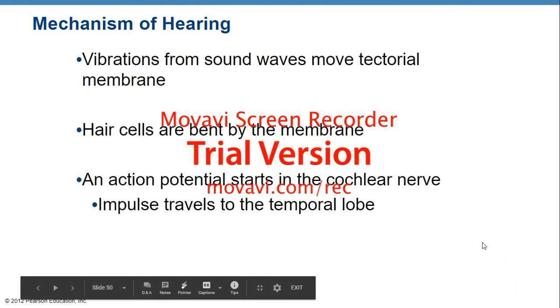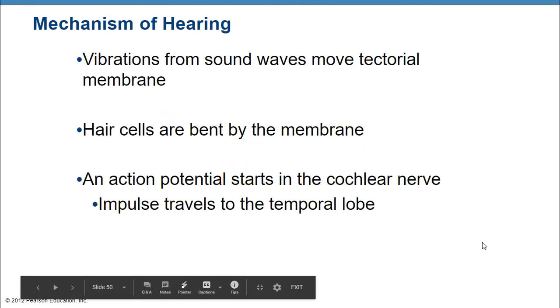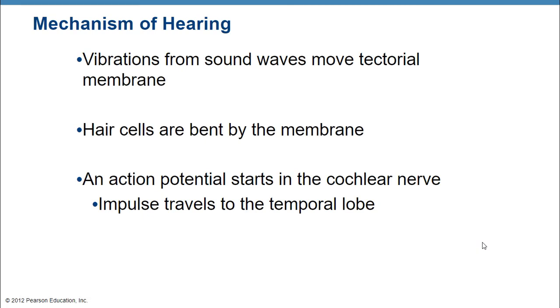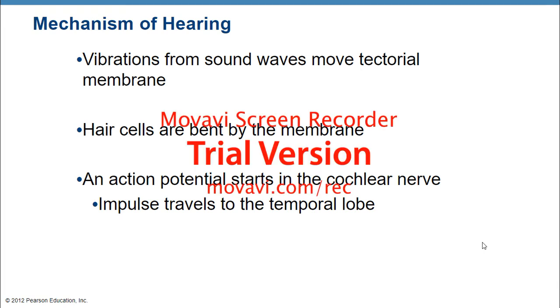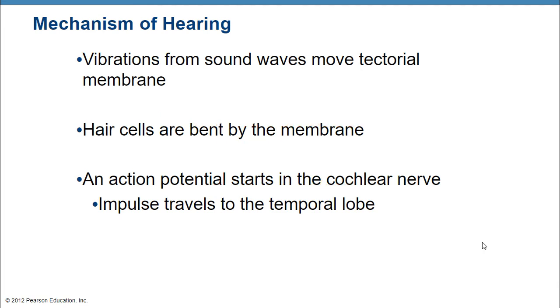So to summarize this slide, essentially the vibrations from, remember, the tympanic membrane go to the malleus, incus, and stapes, go from the stapes to the oval window, which is going to create pressure waves in the perilymph, which is going to get transferred to the endolymph in the cochlear duct.